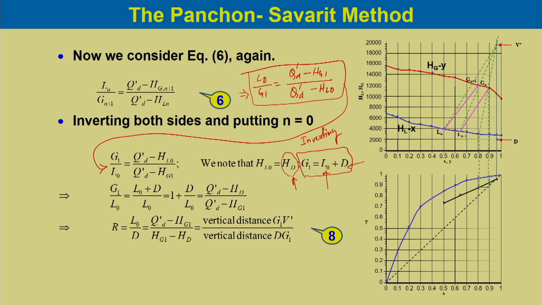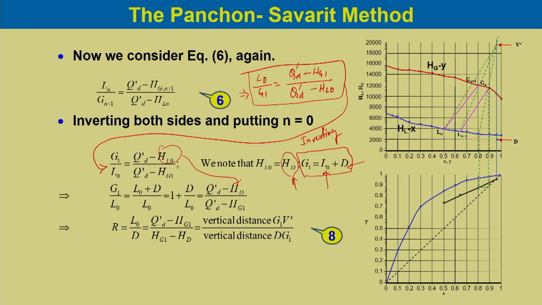So, now if we just substitute the values in this equation, we obtain G1 by L naught, which would be equal to L naught plus D by L naught, which is equal to 1 plus D by L naught, which would be equal to Qd dash minus Hg1 divided by Qd dash minus Hd.